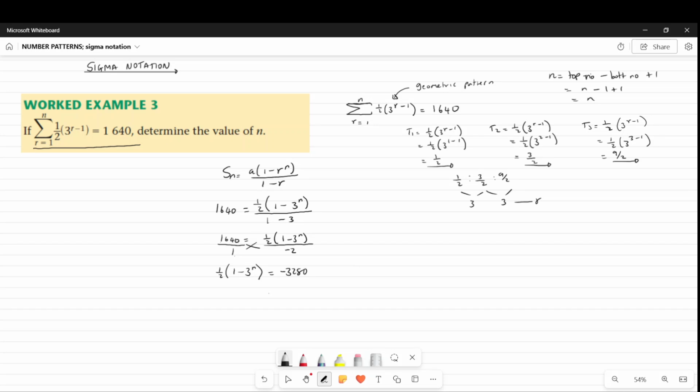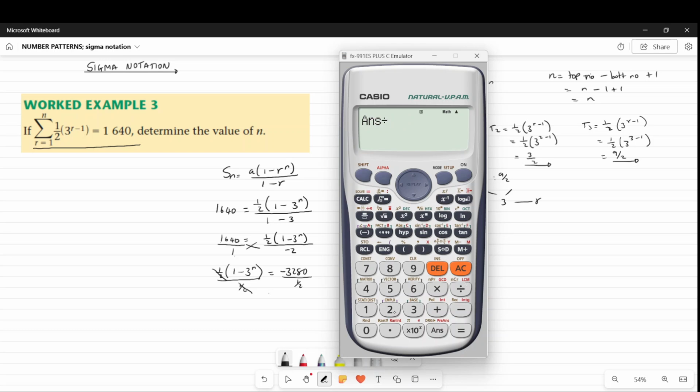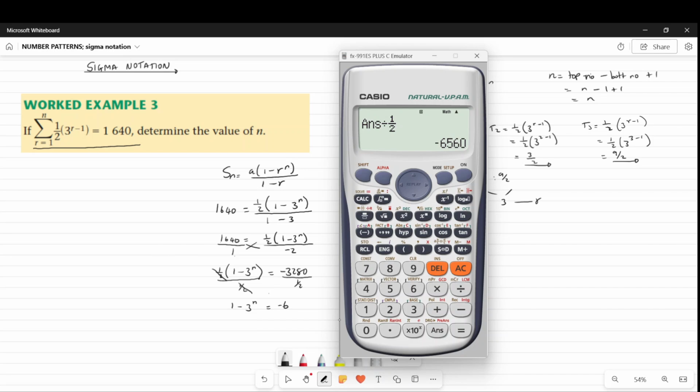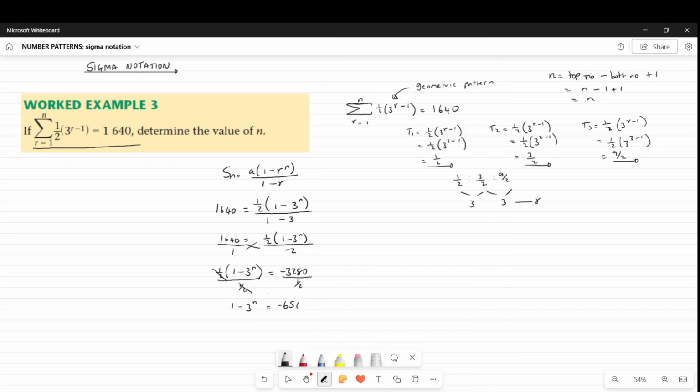Now you're going to divide this by half, and also divide here by half, so that and that cancel. So you take this answer and divide by half, and you'll have 1 minus 3 to the power of n, which will be negative 6560.